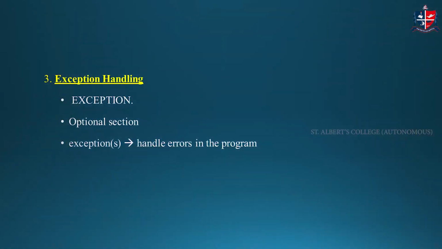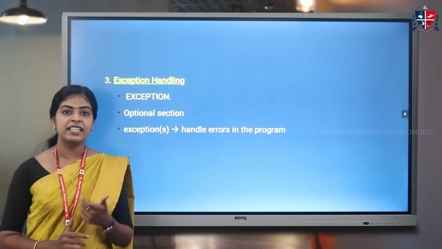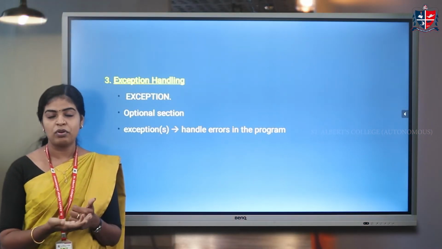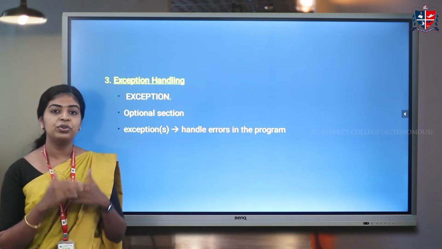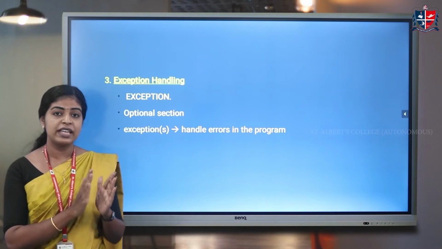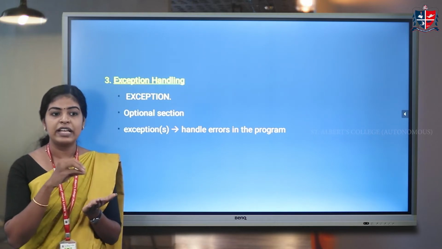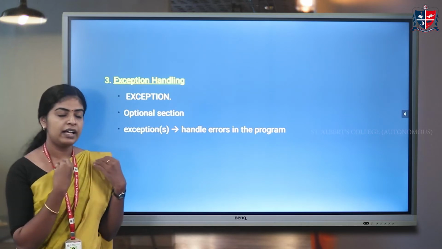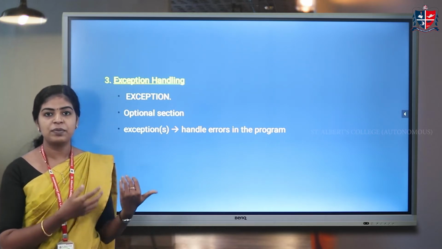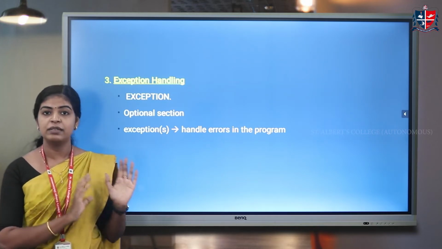The third and last portion is exception handling. What is meant by exception? Exception means error. Suppose I am running a program and I get some errors. I need to save my program and handle these exceptions in another way.